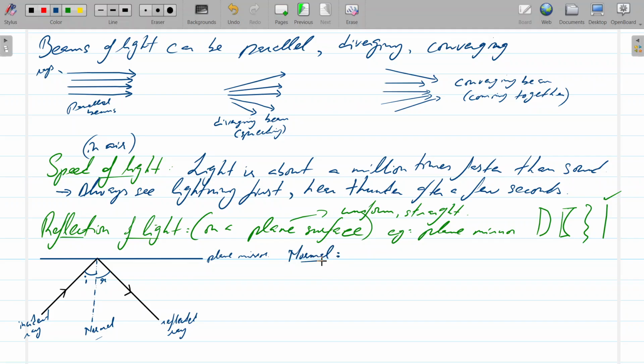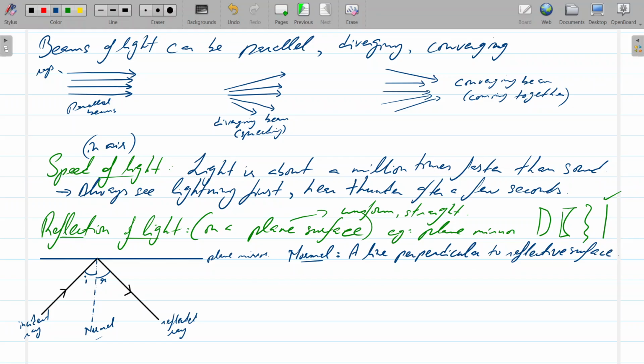That is a line which is perpendicular to the surface on which reflection is taking place, a line perpendicular to the reflective surface.